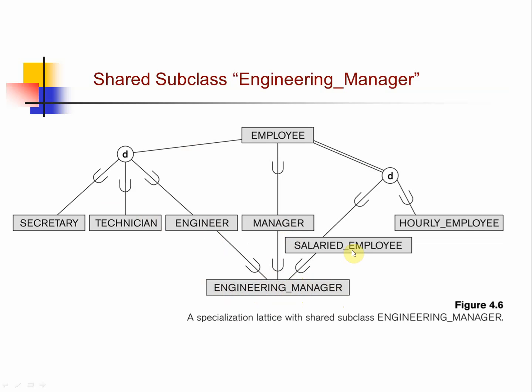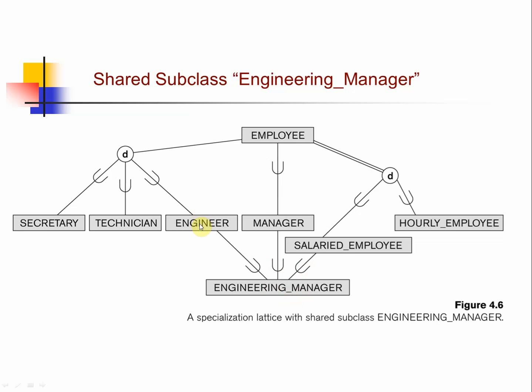salaried employee. So you can see this gives a very different concept from the union, because union provides an "or" concept. You can choose one of the owners, either a person or a bank or a company, while the engineer manager shared subclass shown in this slide is an "and" concept.